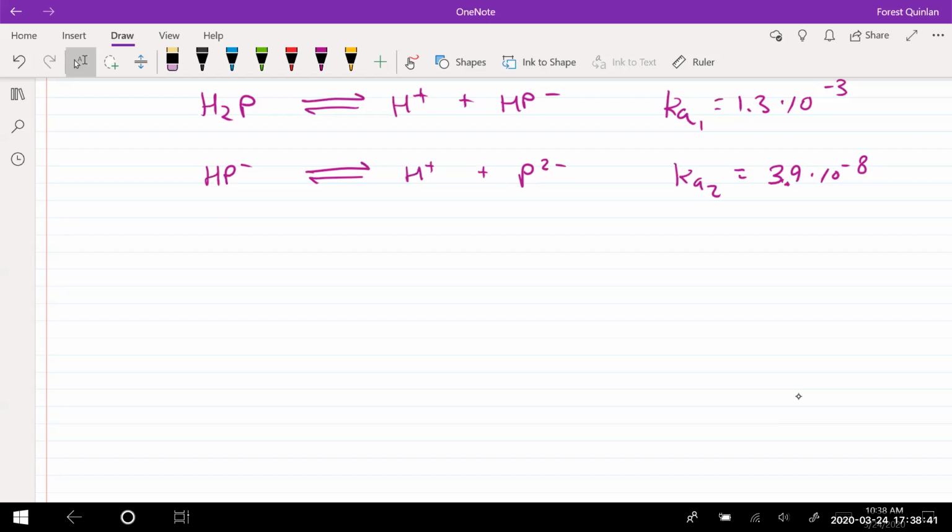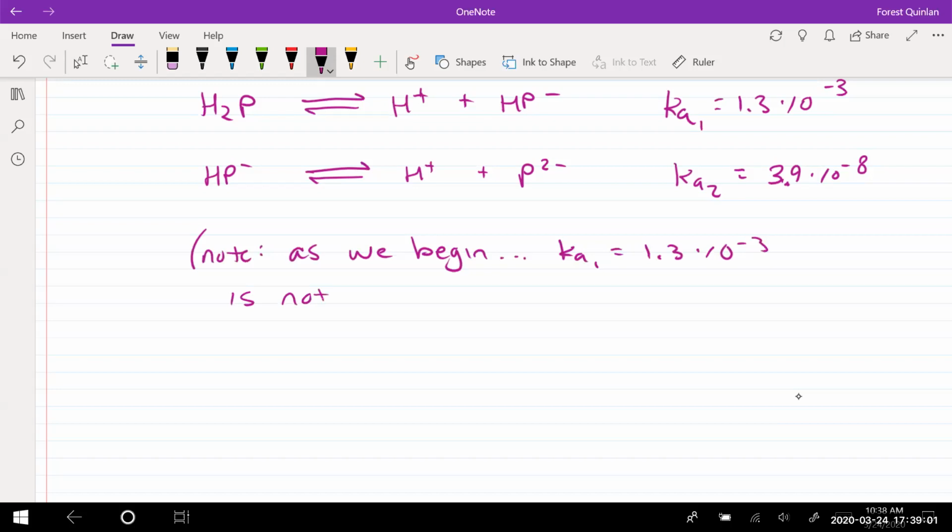I do want to note as we begin, this Ka1 equals 1.3 times 10 to the minus 3 is not very small, but let's pretend.